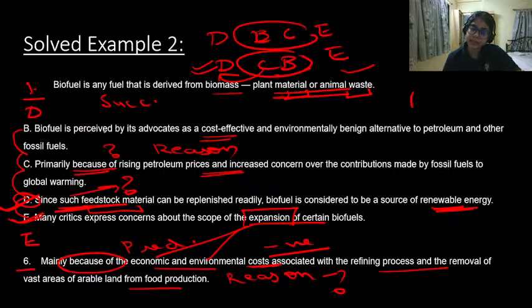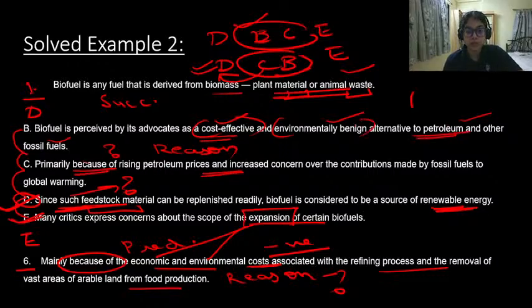But read it the opposite way. Read B, C. Biofuel is perceived by its advocates as a cost-effective and environmentally friendly alternative to petroleum and other fossil fuels. So it's cheaper and better for the environment as compared to petrol. Why?